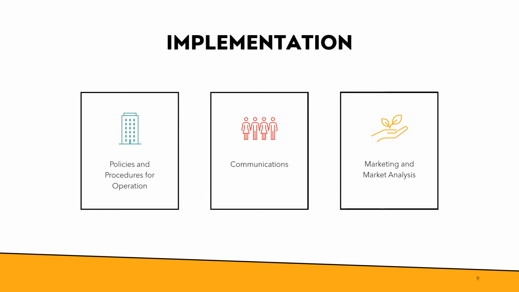Now, if you're actually getting into the implementation of a program, it's important that you have some policies and procedures for operation, because you want all the members of the team to be implementing it the same way every time so that you have good data that's generated as a result.